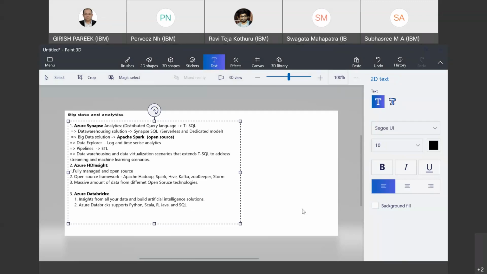Now, with the help of Azure Databricks, you will be able to process several different types of things, and thereby you will be able to do reliable data engineering, right? And you will be able to bring analytics from your different types of data.